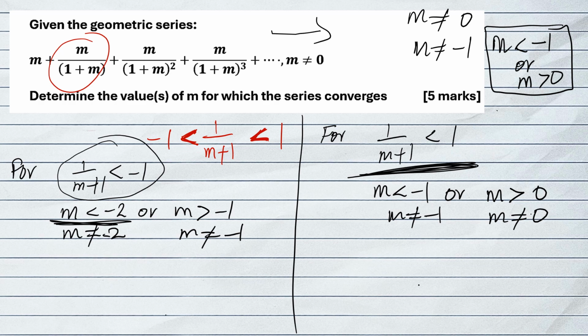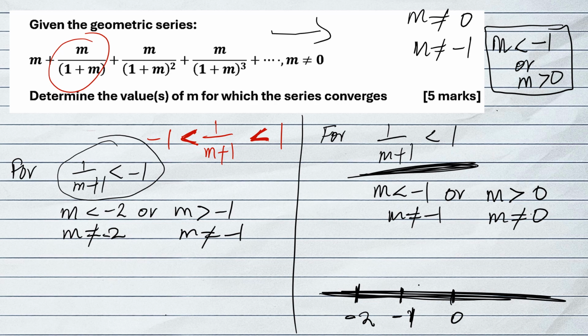What we can do at this point is represent all of this on a number line so that we can get the final answer. So we go to negative 2, negative 1, 0, and there's no 1, right?